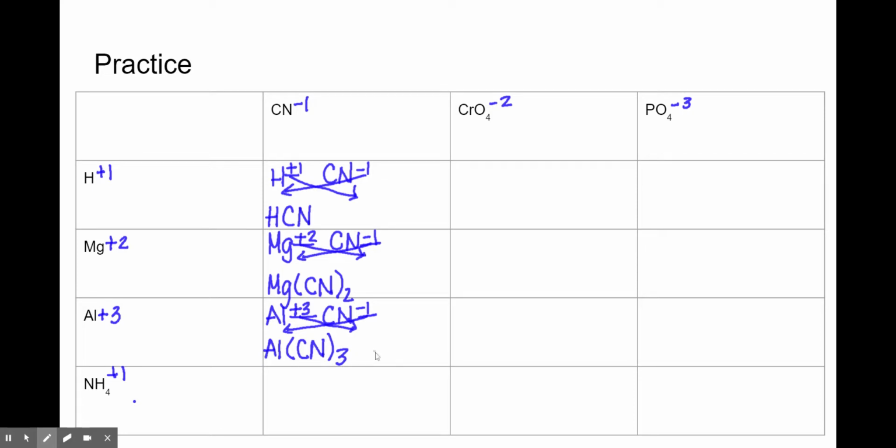And I need 3 of those. Next, I have ammonium, which has a charge of +1, and cyanide, which has a charge of -1. These charges are going to cross down. And because they're 1s, we do not write them. So it is just NH4CN.